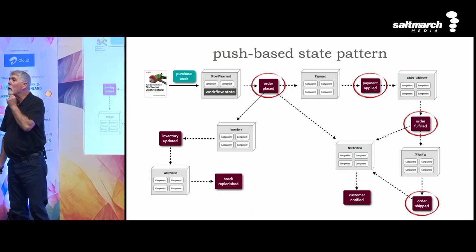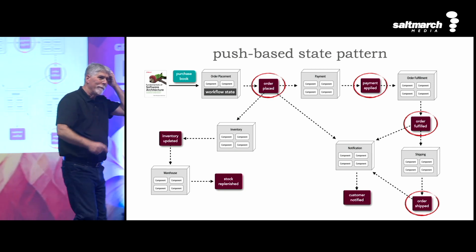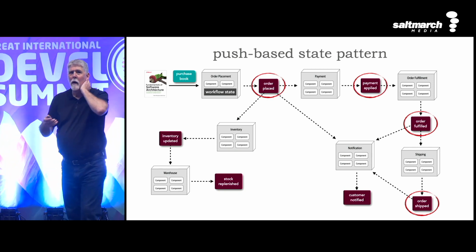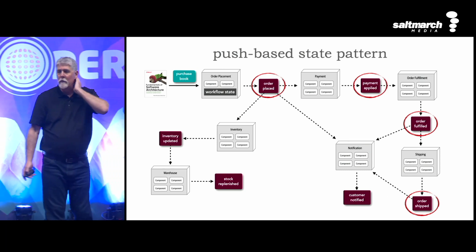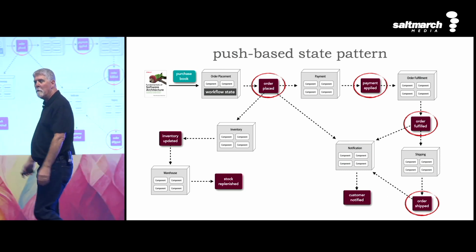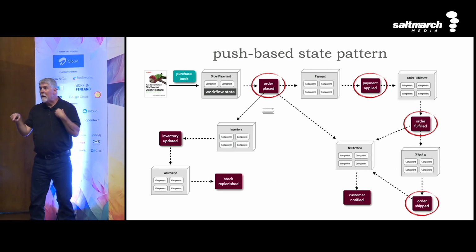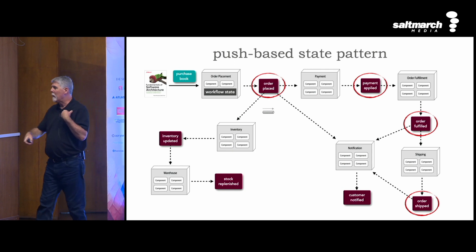Now, how does order placement know where we are in the system? I don't know. All of you are going to have to tell me. So what do I do? The first thing I do is I create a queue. Now, this queue is owned by me, because this is going to be messaging within event-driven architecture.